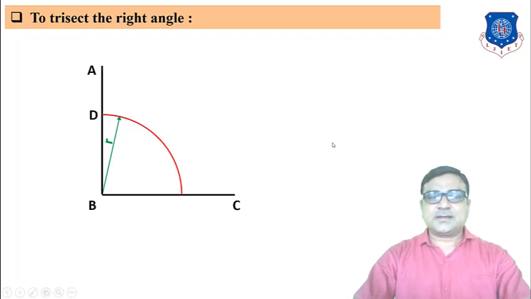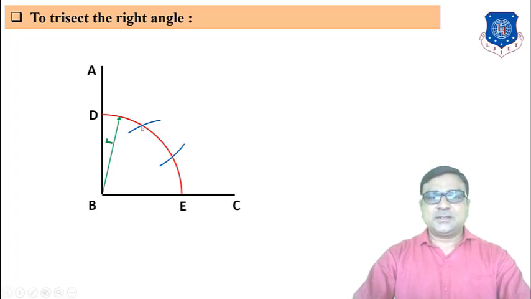The intersections are D on line AB and E on line BC. Now again, with D as center and the same radius R, draw an arc on the previous arc, and with E as center and radius R, draw an arc on the previous arc.